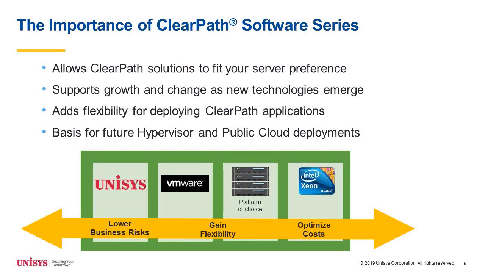They have a standard within the data centers that they want to maximize, and add flexibility for their ClearPath environments to use the same tools and skill sets that they have for other servers. And as Chuck said, this really then becomes the basis for future releases that we will have for OS 2200 on additional hypervisors and a public cloud infrastructure.